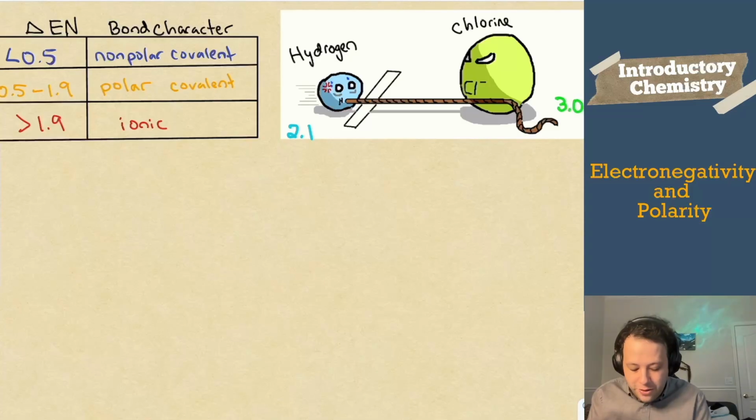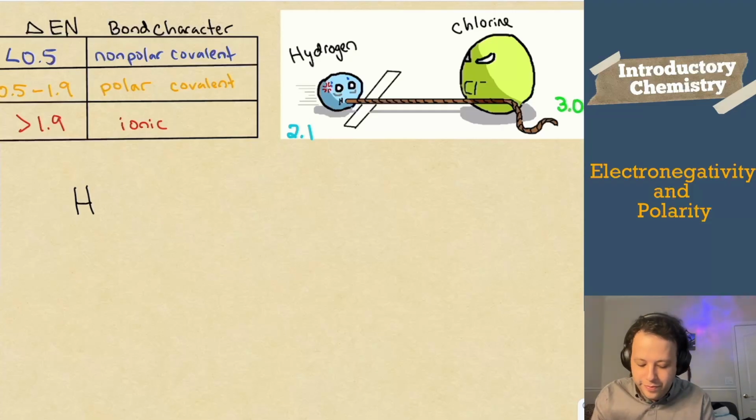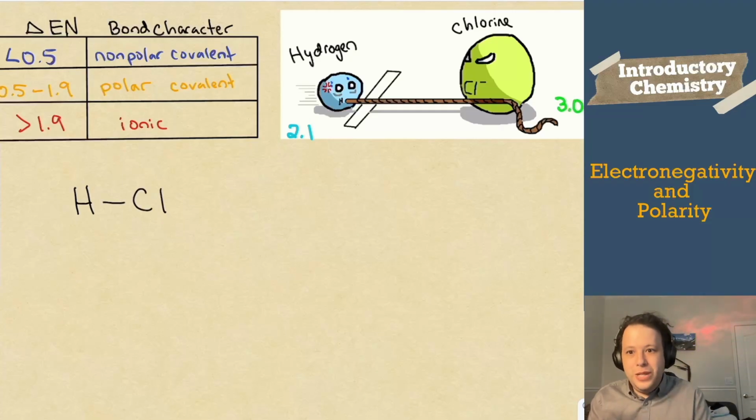So how do we illustrate this on bonds? If I use, let's say, the picture above, the HCl, how can we show that for hydrochloric acid? With this one, we're going to be using a couple of different symbols. The first one is the delta symbol, which looks almost like a little music note.